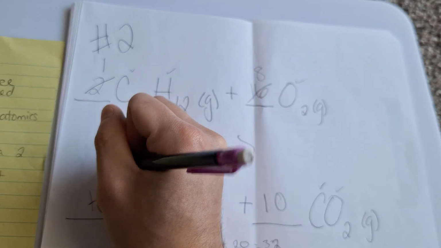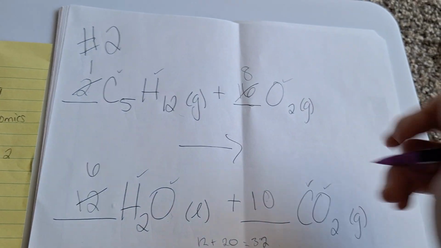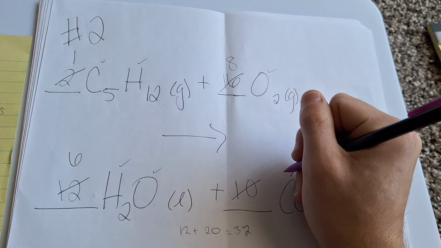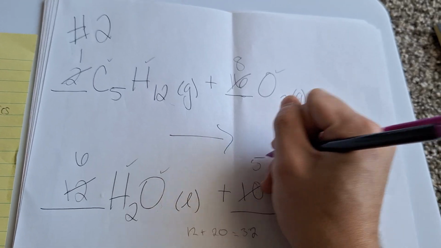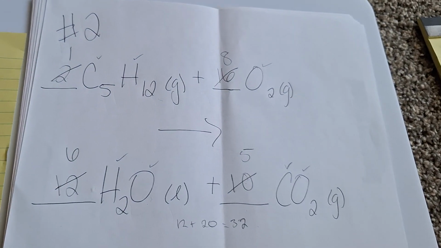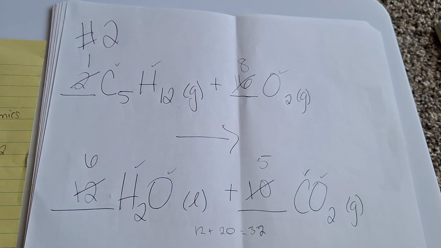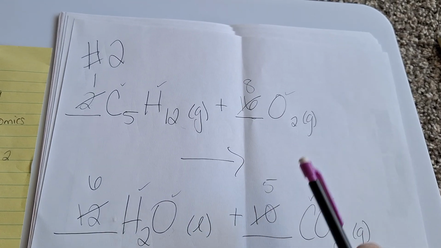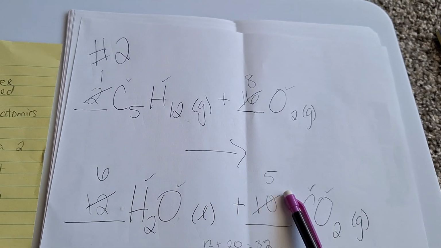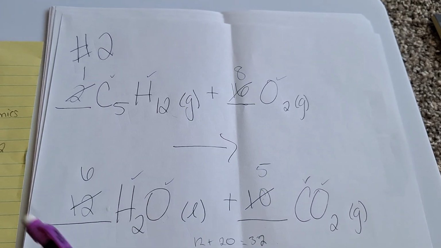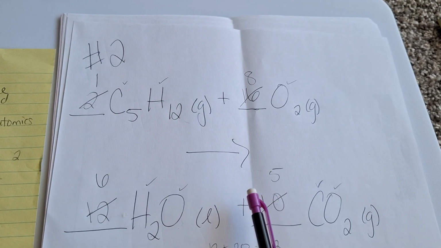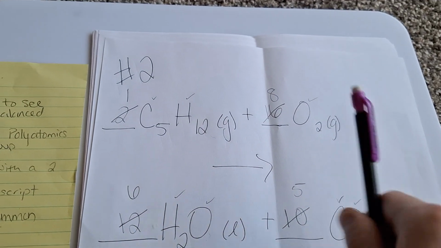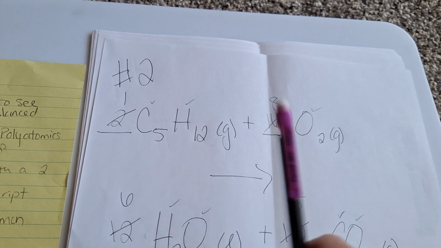This 12 becomes a 6. And this 10 becomes a 5. Okay? Once it hits an odd number, we can no longer reduce or simplify the equation. This is the simplest form. So this is our ratio. This would be your final answer.